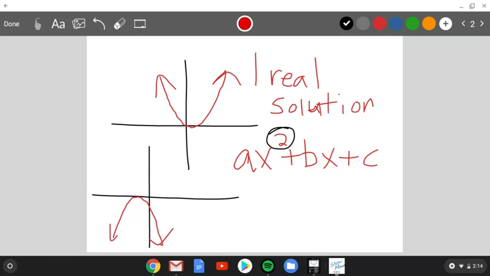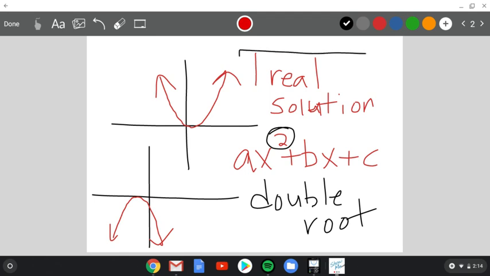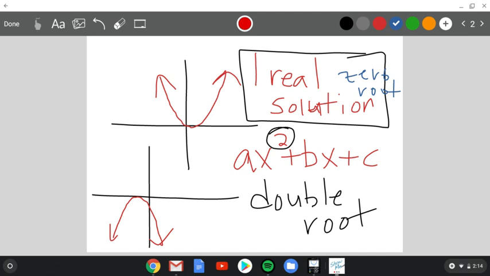We have one real solution, but it actually counts twice. It's called a double root, and you'll get into that more in Algebra 2. So what you would really want to concentrate on is there's only one real solution or one real zero or one real root for that.